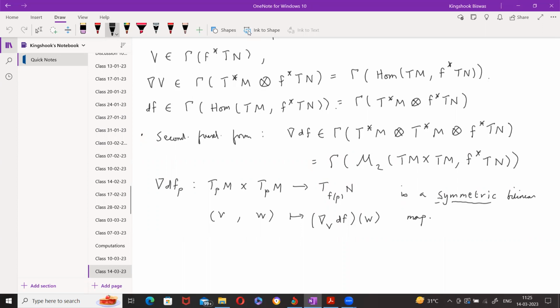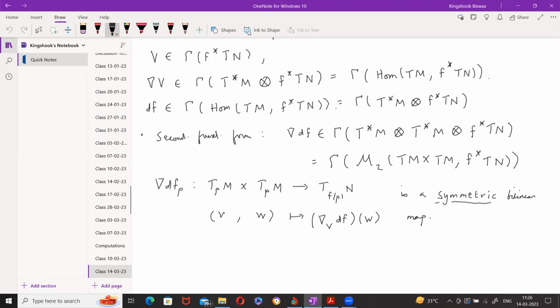But it turns out in general, only the second derivative is a symmetric multilinear map. All the higher derivatives for maps within Riemannian manifolds, unlike the Euclidean situation, are no longer symmetric multilinear maps.